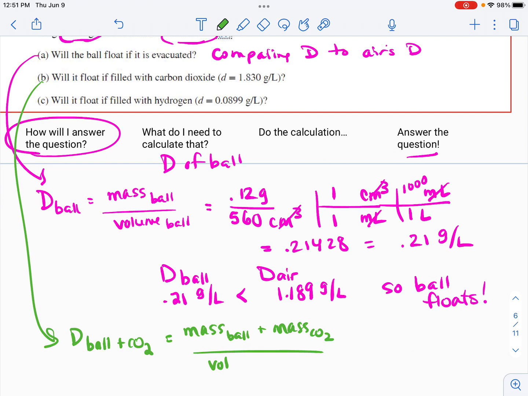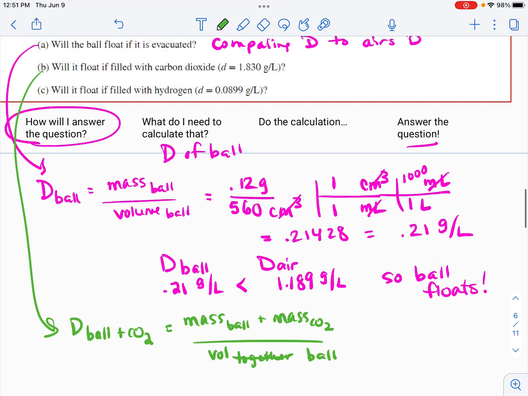But I need you to picture this is the volume together, which is going to be determined by the volume of the ball. Okay, so that doesn't change. So let's look at what we know right now. We know the 0.12 grams for the mass of the ball, and we know the volume is 560 centimeters cubed.